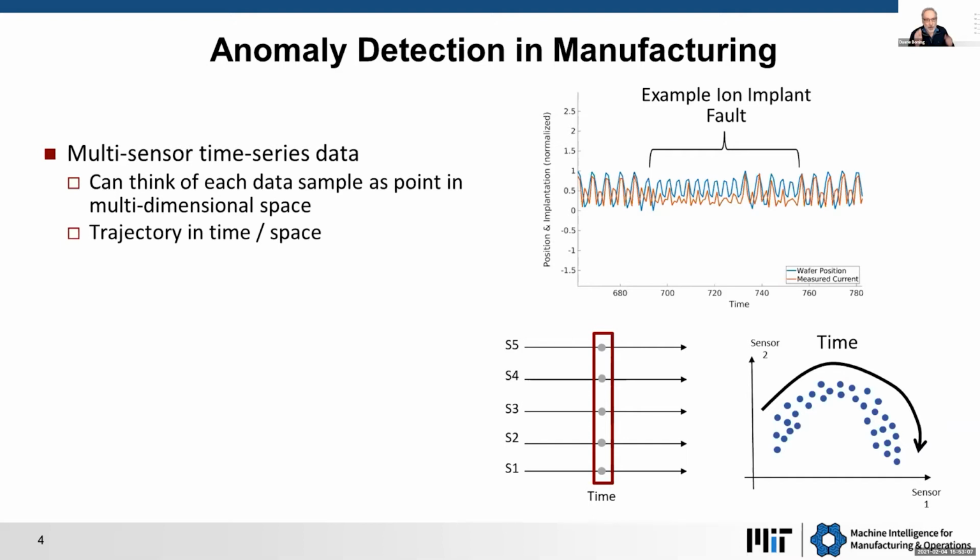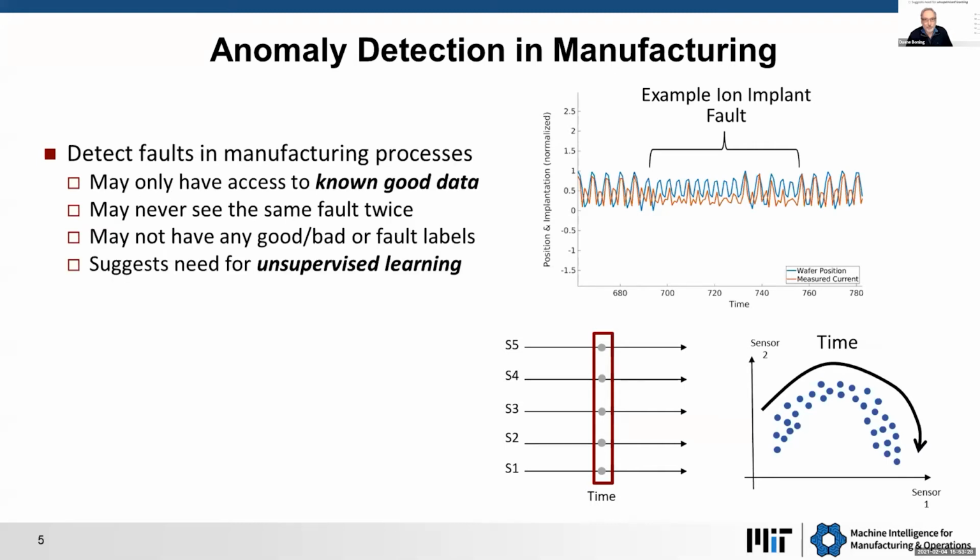So you'll have a recording of a time series for some period of time, maybe it's a minute, and that's one run, and then we'll go to another run. And so there is a little bit of a trajectory within a cycle that we'll think of as normal, and we'll be trying to detect anomalies within that.